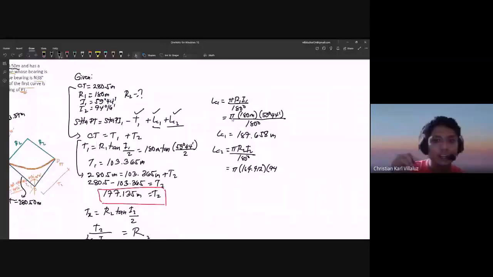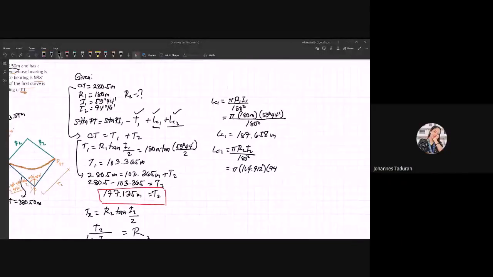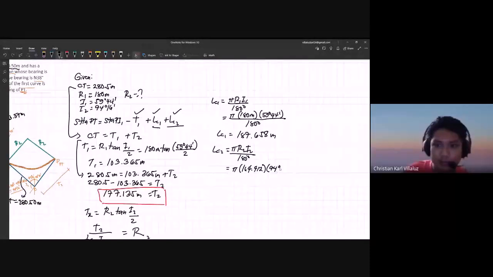Nag-black screen. Okay. Class, nakikita sa screen nyo pa rin yung solution? Verify ko lang. Yes, sir. Yes po, sir. Okay. So, thank you. 94 degrees, 16 minutes, over 180 degrees. Okay. LC2.